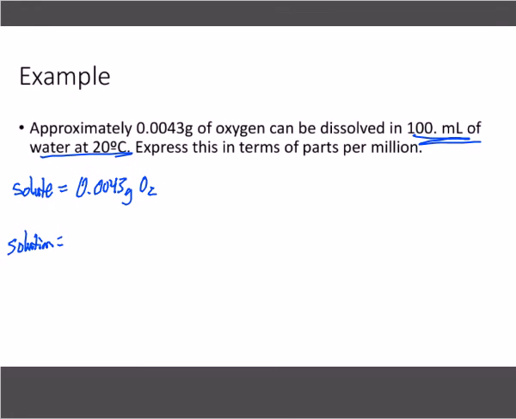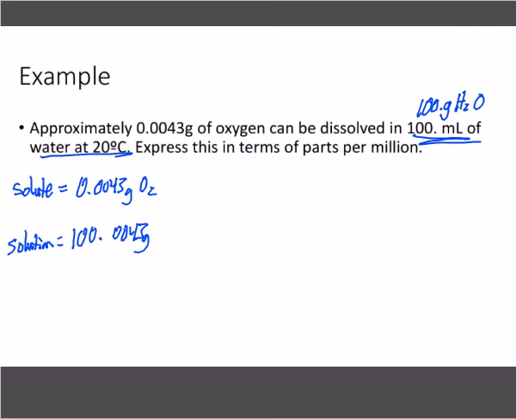What's the density of water, guys? 1 gram per mL. So however many mL we have, how many grams do we have? It's the same amount. So we have 100 grams of water. So what's my total mass of my solution? 100.0043. Yeah, exactly. It's really not going to impact it much.